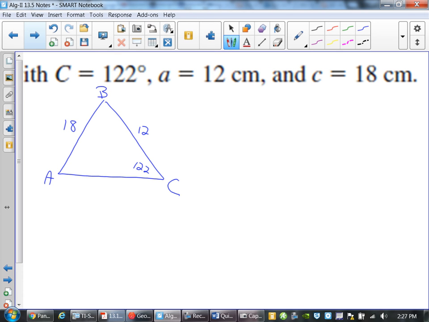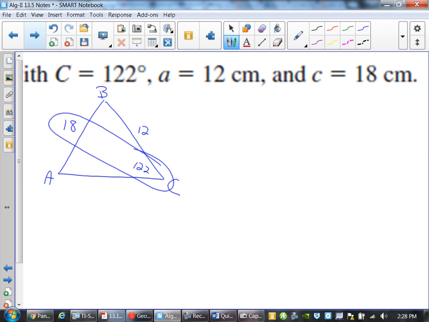Now, real fast. What kind of angle is 122? Obtuse, which means that its supplement would have to be acute, right? Whereas if I had an acute angle, its supplement could be obtuse. This is where what we call ambiguities will come into play tomorrow.